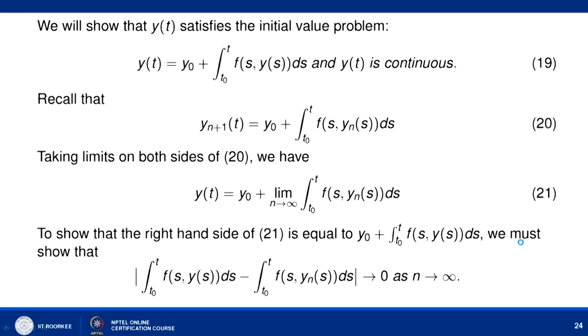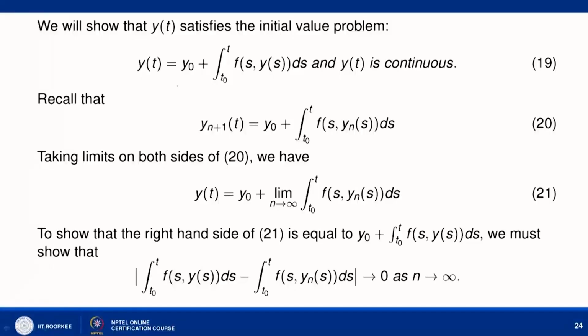So now we want to show that y(t) satisfies the initial value problem. What we have done so far are the first two steps. The first step is the definition of successive approximation, which we did in the previous lecture, and then we had to show that this approximation converges to some limit. That we have just shown: the sequence y_n(t) converges to some limit, call it y(t), and now we want to show that this limit satisfies the initial value problem.